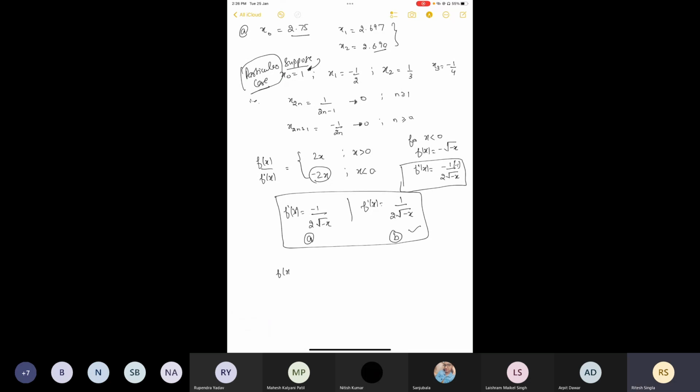What will be f prime x now? It will be minus root minus x upon 1 into 1 root minus x, right? Yes, sir. This root 2x.